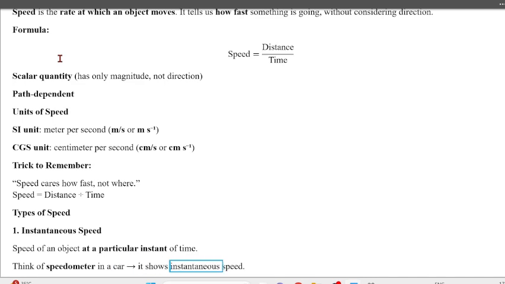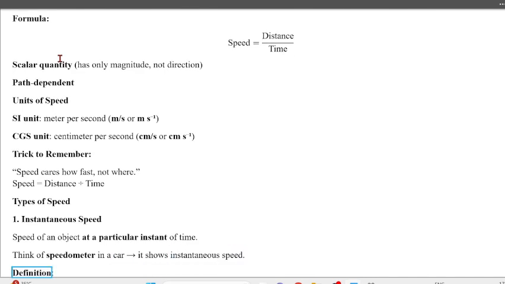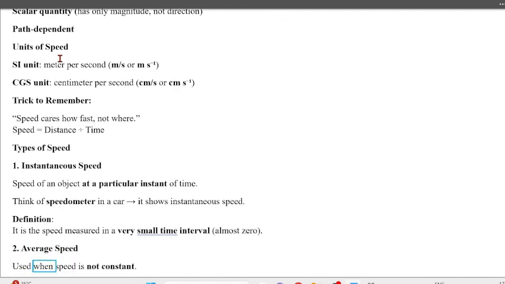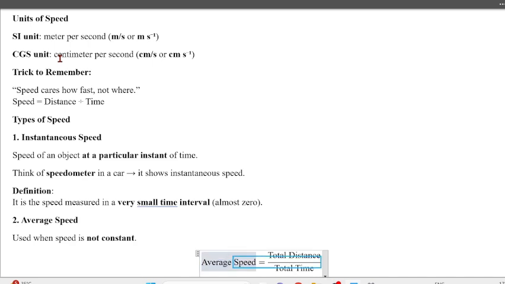It shows instantaneous speed. Definition: it is the speed measured in a very small time interval, almost zero. 2. Average speed, used when speed is not constant. Average speed equals total distance over total time.